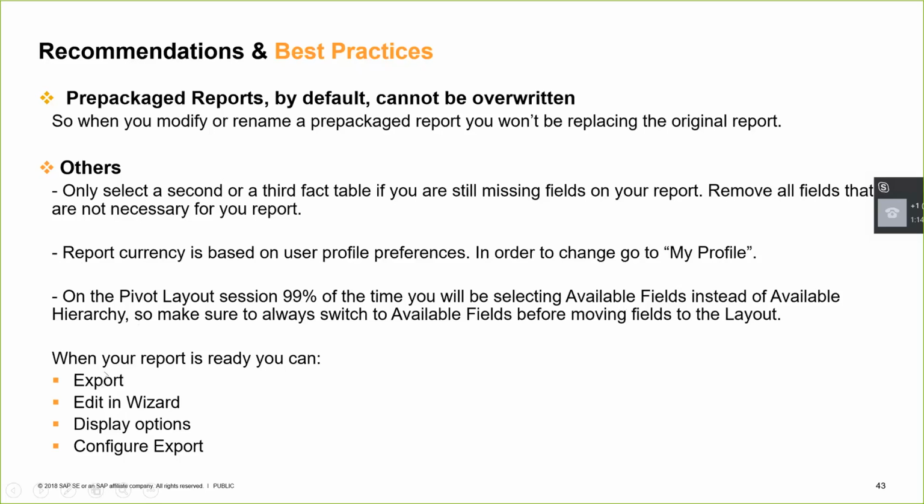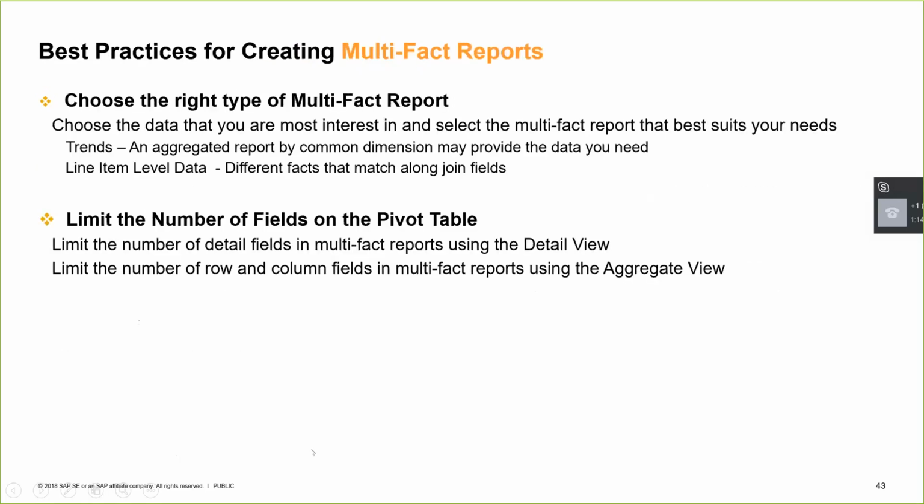And we saw this as well, that you can export, edit, play, or configure a report. Make sure to choose the right type of multi-fact report: trends and aggregate report by common dimension, and line item level data, where you can have the different facts that match along with the join fields.